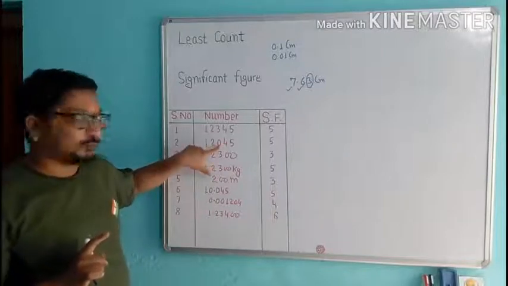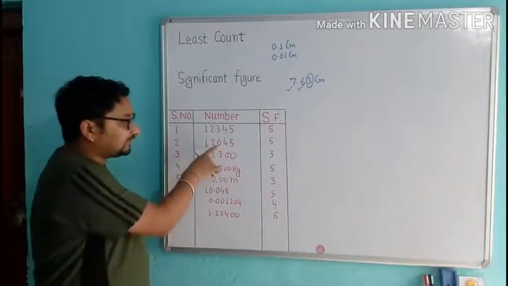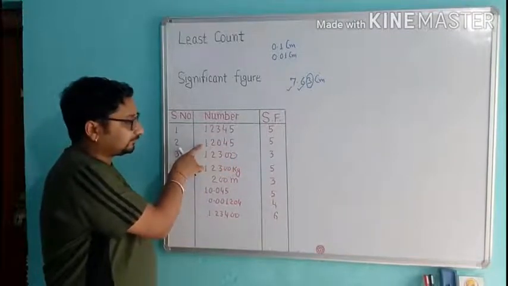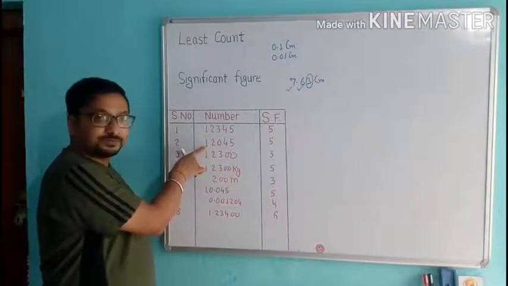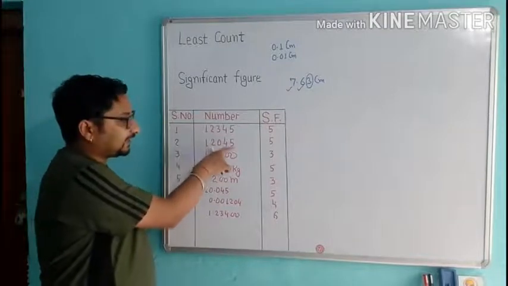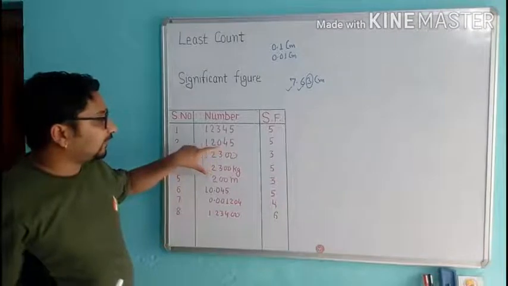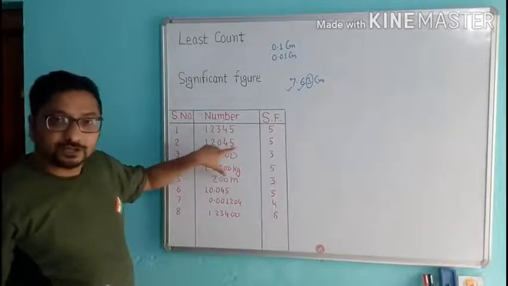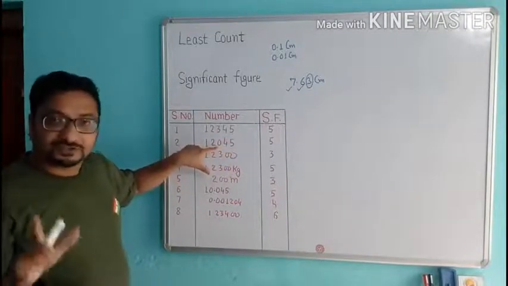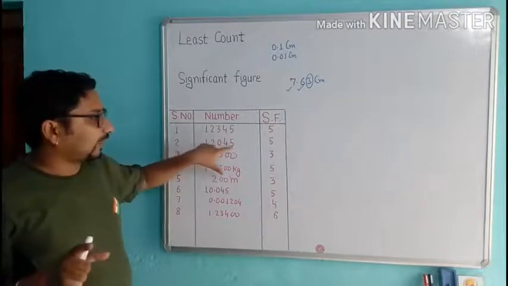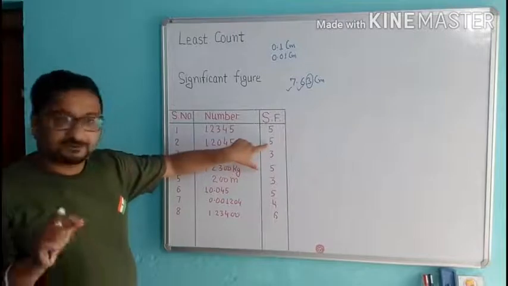Here is 0. When 0 comes between two non-zero numbers, here is 1 on the left side and 5 on the right side, then we count this 0 as a significant figure. 1, 2, 3, 4, 5. So in this number, significant figures are 5.